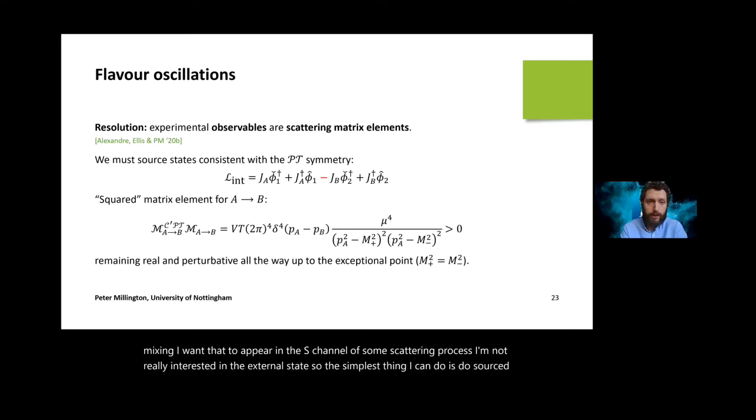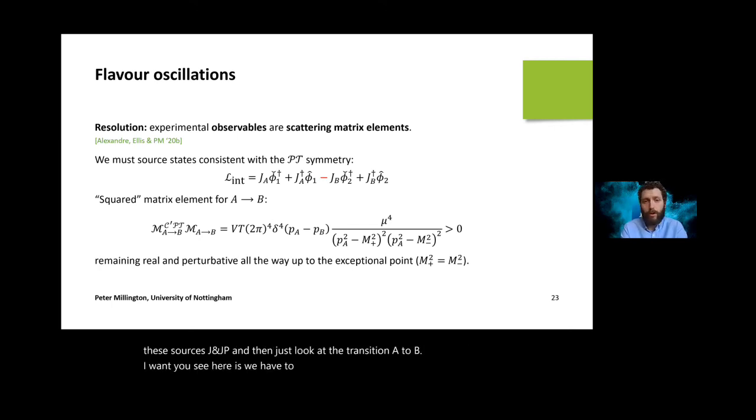So introduce this interaction Hamiltonian, where there are these sources J_A and J_B, and then just look at the transition A to B. Now what you'll see here is we have to be very careful to make sure that the way in which we source the states is consistent with the PT symmetry, because otherwise we're explicitly breaking it. And that's why there's this relative sign between the second and third terms here, accounting for that PT symmetry.